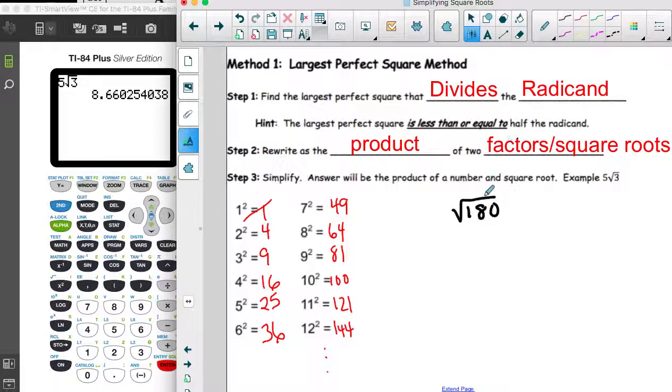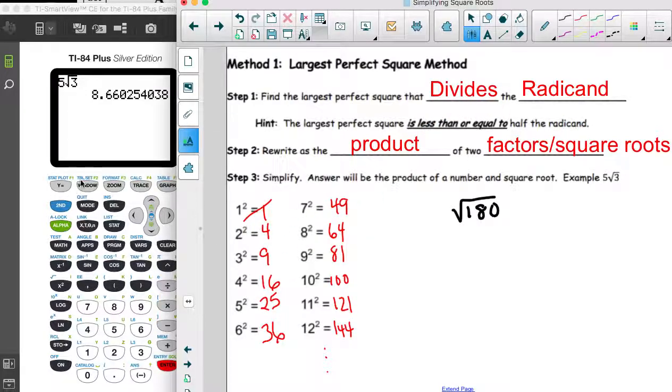So let's look at the square root of 180. I'll put another example for the next slide, and then you can pause the video and try that example. So the square root of 180, again, we're going to start by finding the largest perfect square that divides this radicand. And so the hint, the largest perfect square, so a number that's on this list, is less than or equal to half the radicand.